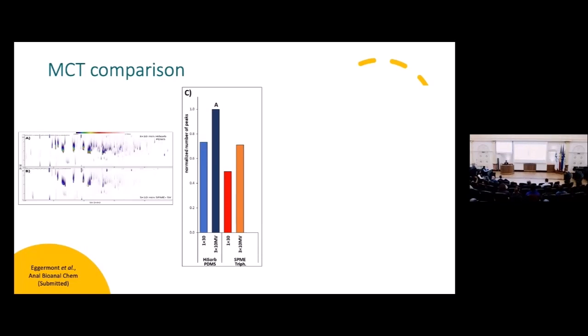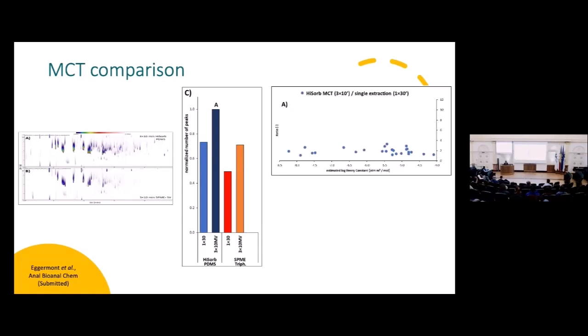Between the single extraction approach, 1 time 30 minutes of extraction, and the multi-vial multicumulative approach of 3 times 10 minutes of extraction, we really increase the sensitivity, because we extract a higher number of compounds than with the single extraction.